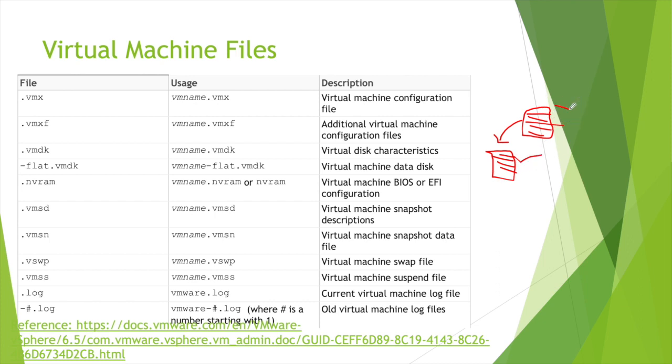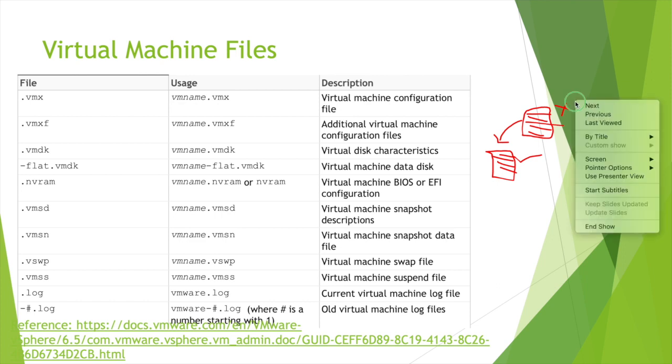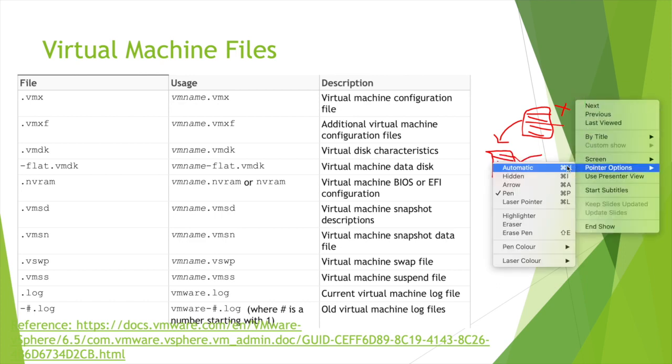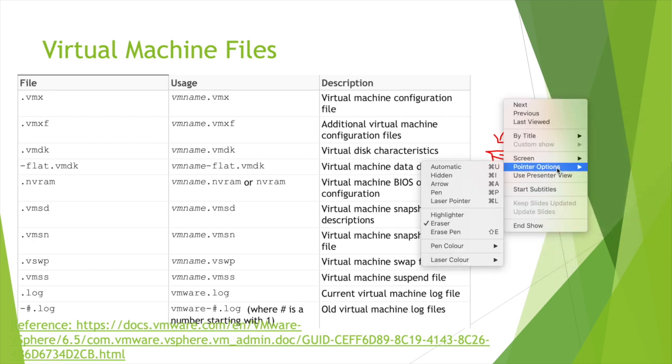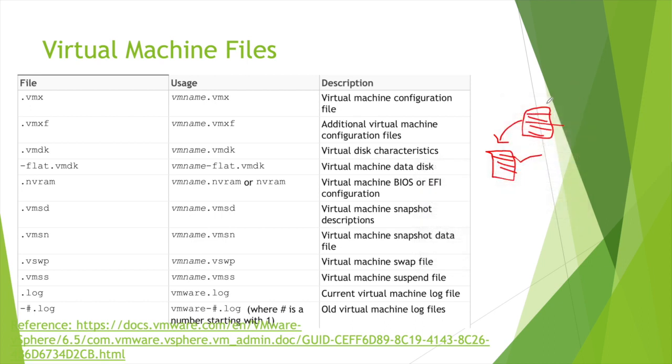If it is the wrong configuration, you can just go back and revert. Similarly, if you think the changes you have made are correct and you are happy with that, you can say, okay, these changes are okay and I want to keep them, and the changes can be accepted by the virtual machine if you consolidate the disk and then delete the snapshot. We'll look at it in detail when we cover snapshots, don't worry about that.